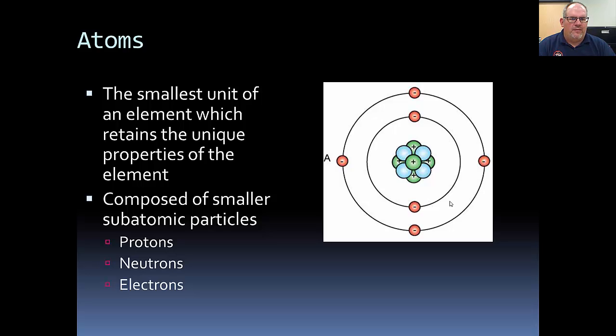You're going to have a nucleus in the center, which is made up of smaller particles: protons, which have a positive charge, and neutrons, which have a neutral charge. So in the nucleus you have protons and neutrons. Proton, positive. Neutron, neutral. And then you have an outer shell, which is made up of electrons, and all electrons have a negative charge. Electrons are very important because this is how we actually get chemical bonds formed.